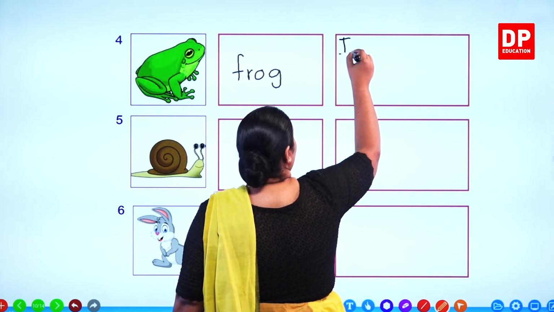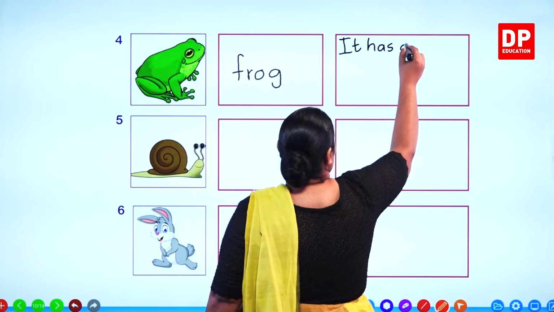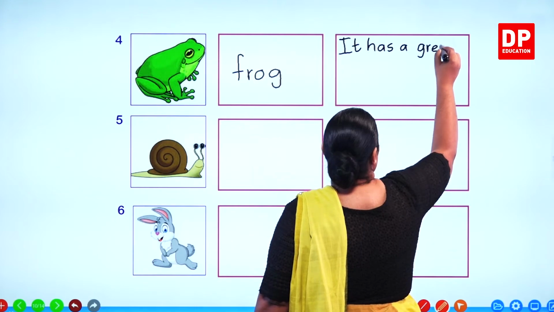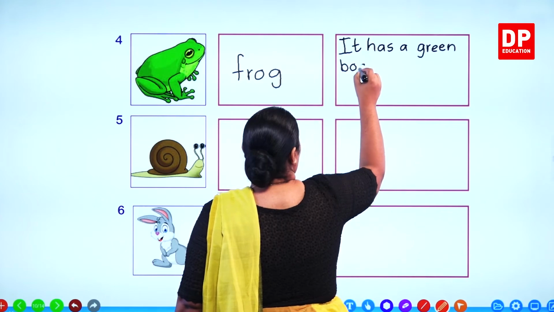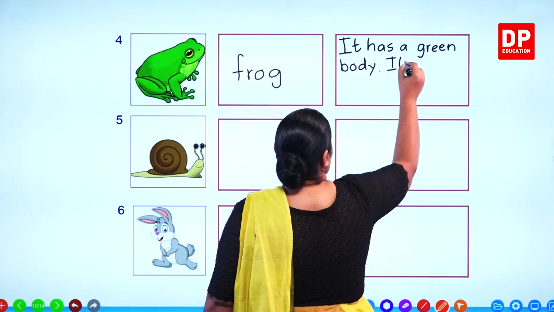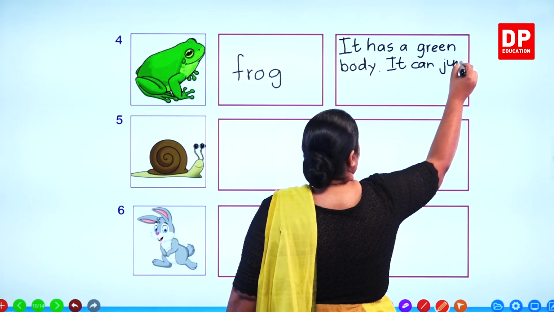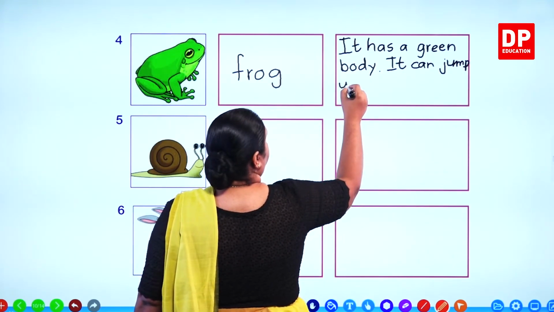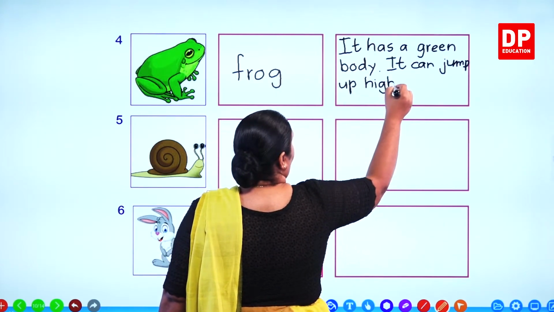It has a green body. Is that right? It has a green body. It can jump up high.